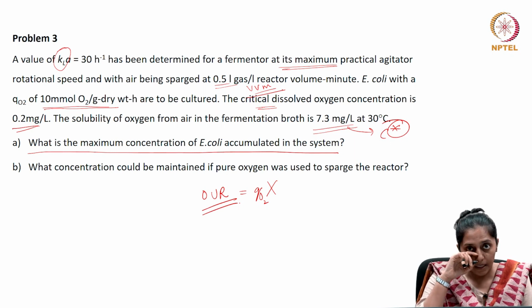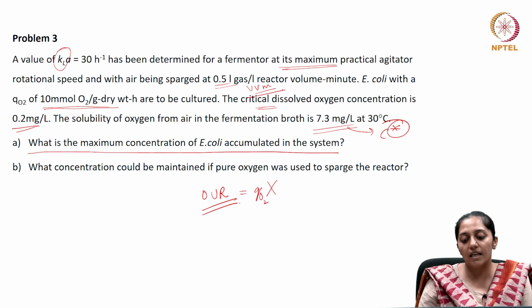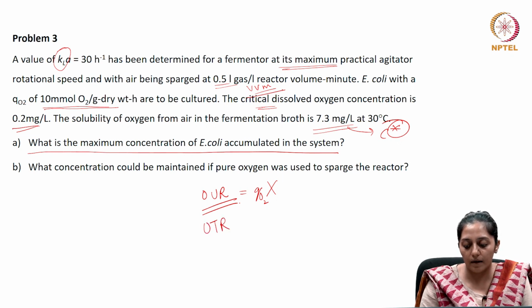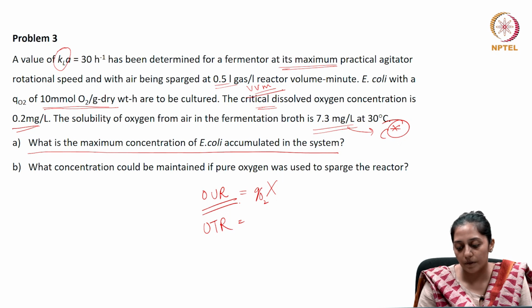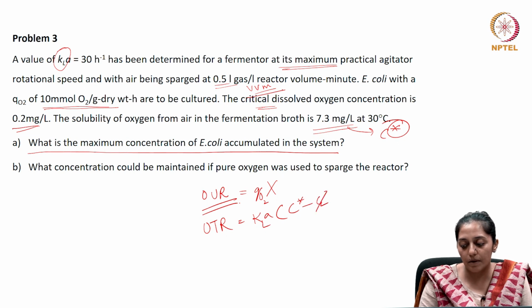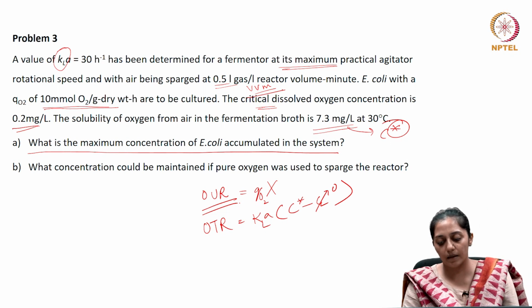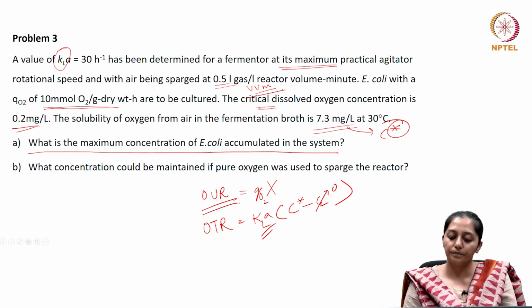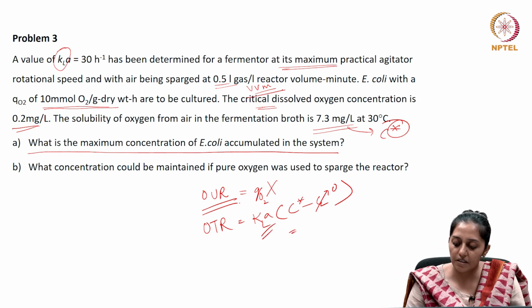Now, under any circumstances, because the KLa is fixed and the sparging rate is fixed, the maximum possible OTR we can find out will be KLa times C star, where Cl will become 0. Then only this will become the maximum possible OTR given the KLa value and the C star value.